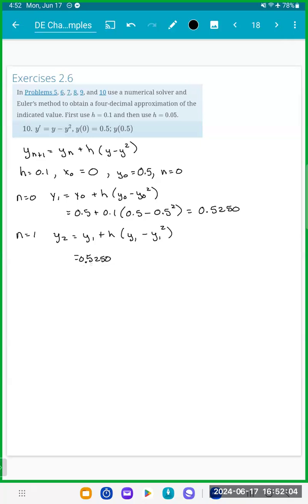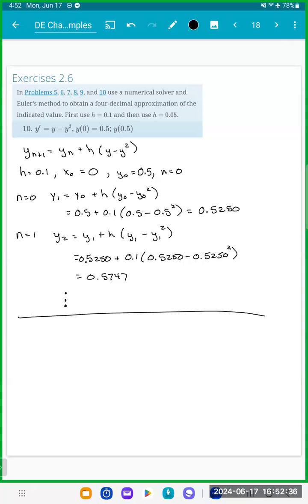It's 0.5250 plus my h, which is 0.1, times 0.5250 minus 0.5250 squared. That's going to give me a value of 0.5747. And you'll want to just continue this on until you get through all of your n. Okay. Fill out the table.